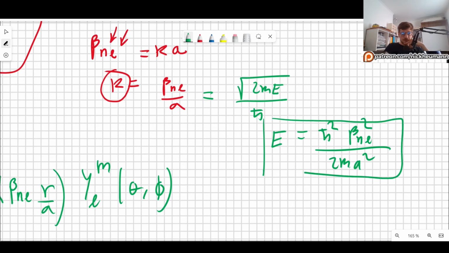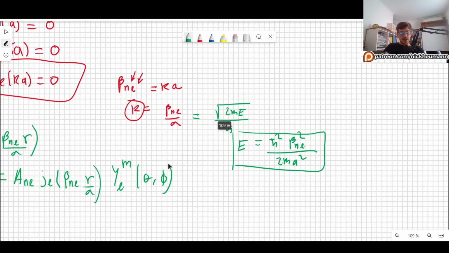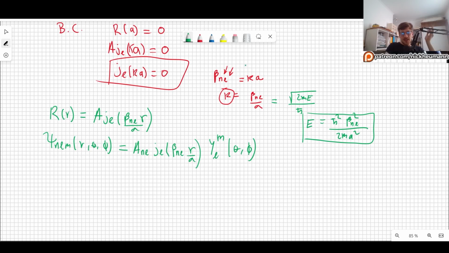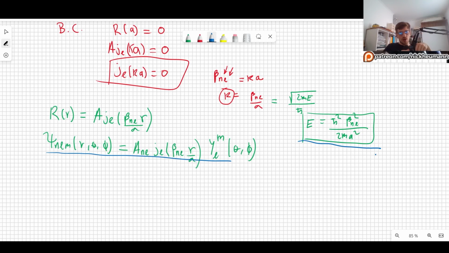Right, so this is something we can find from that expression. And now, there we go. We have the explicit solutions for the wave function and also for the energy of the infinite spherical well.